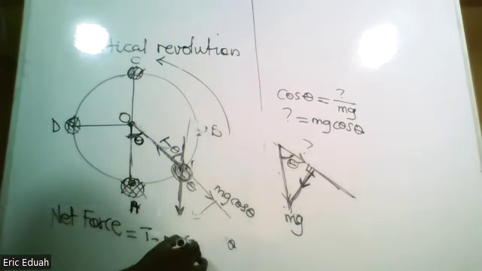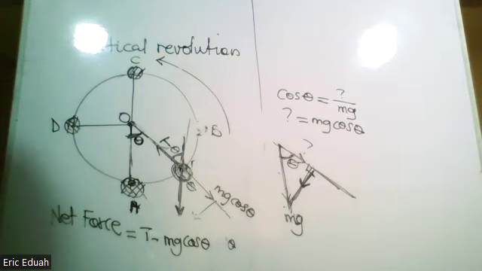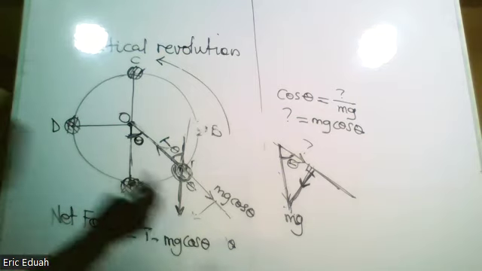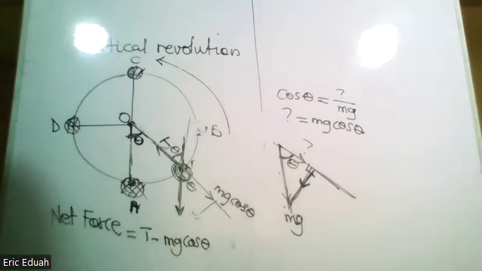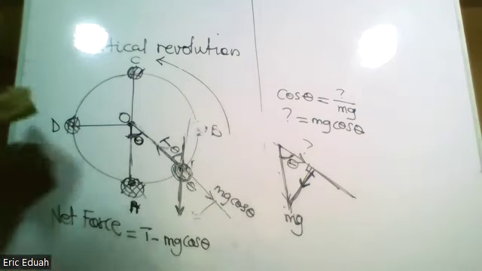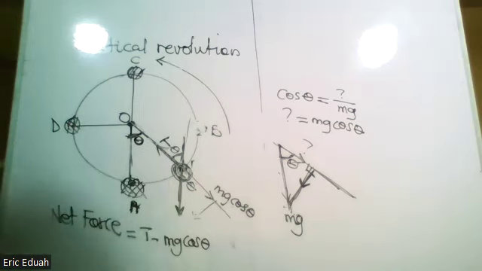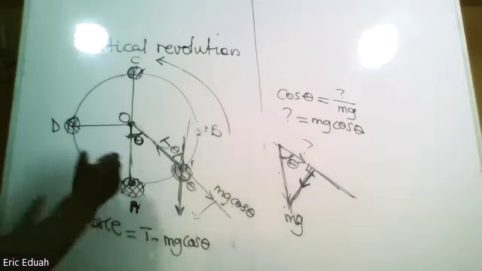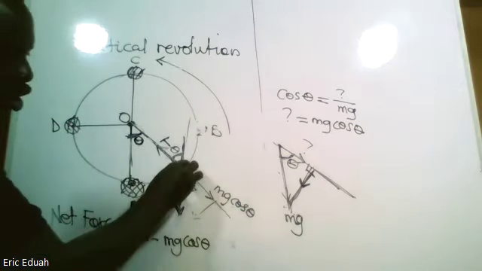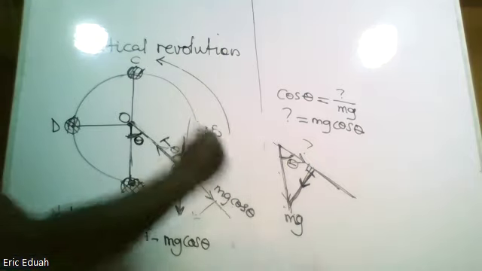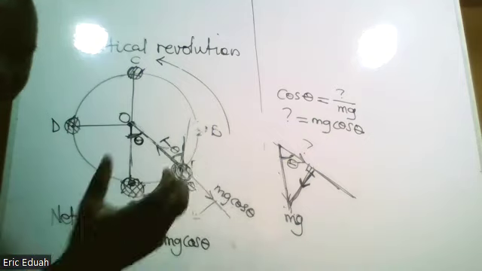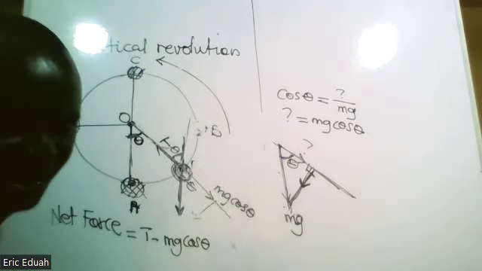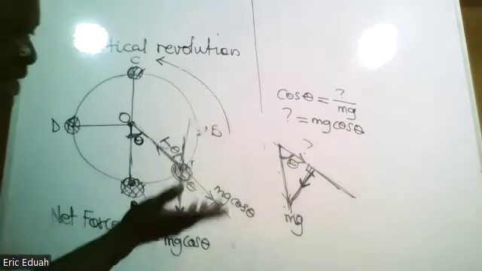mg cos theta. It cannot be mg cos theta minus T, because when this component is greater than the tension, the string would break and the object will fail to stay within the circular path. It's like hanging you on a thread and your weight is greater than the tension within the thread.